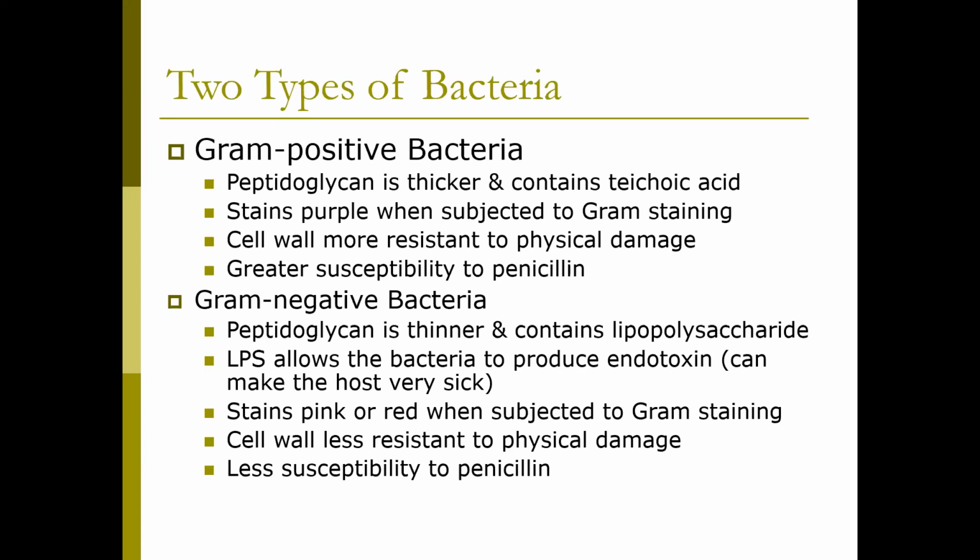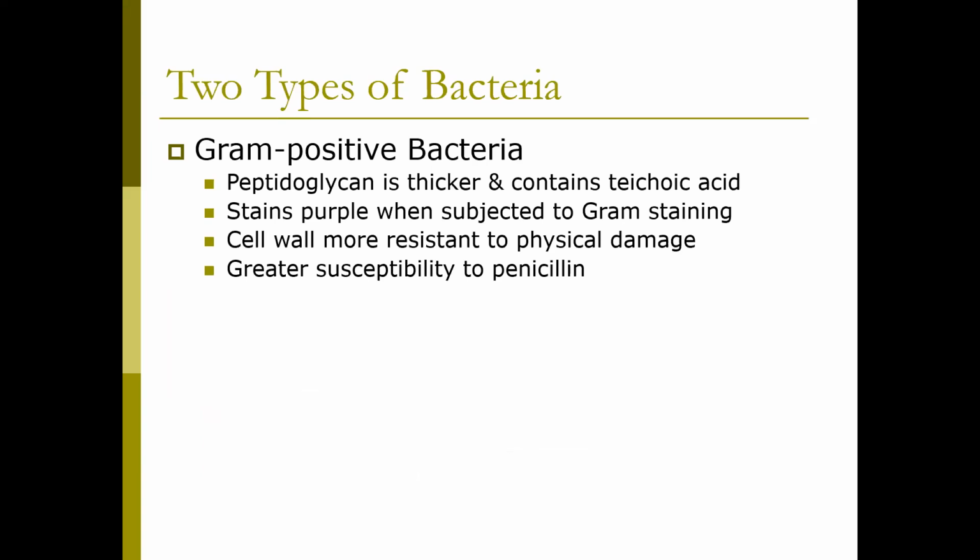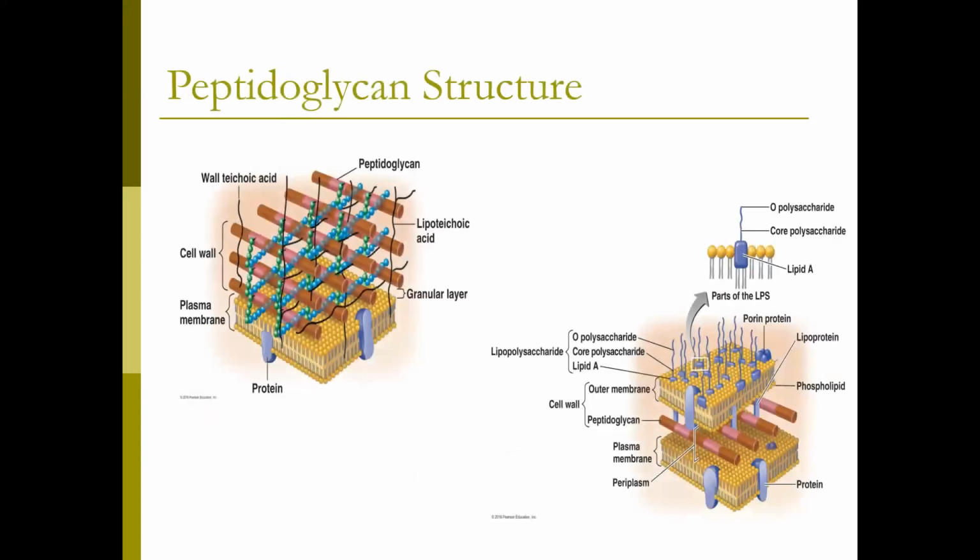Gram-negative bacteria have a thinner peptidoglycan, and theirs contains lipopolysaccharide, or LPS. So now if we go back to the picture here, you'll see that this peptidoglycan is much thicker and it has teichoic acid. This one is much thinner, but it has LPS. So this one is Gram positive and this one is Gram negative.